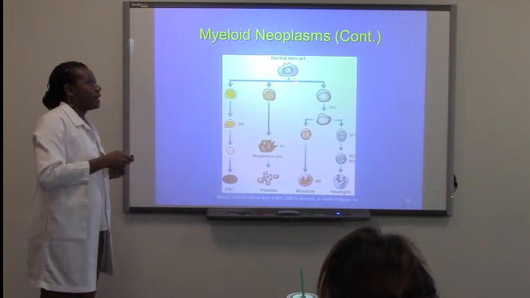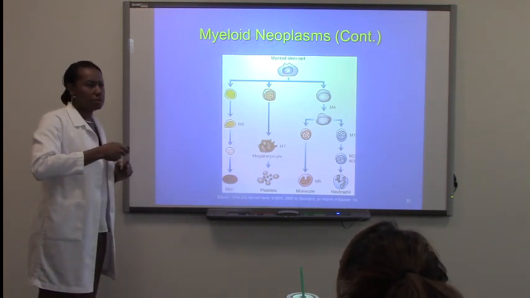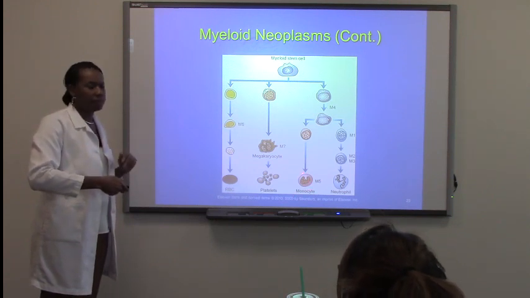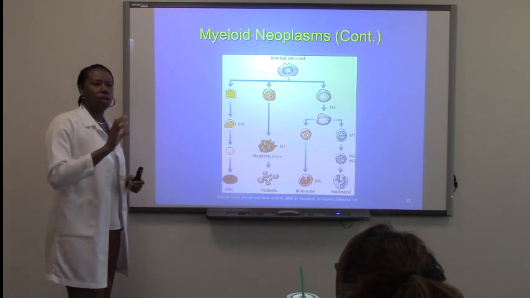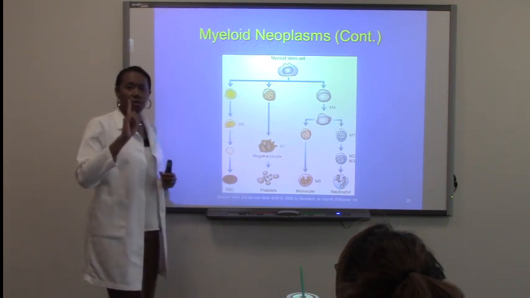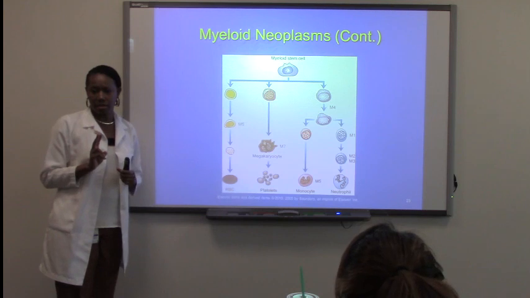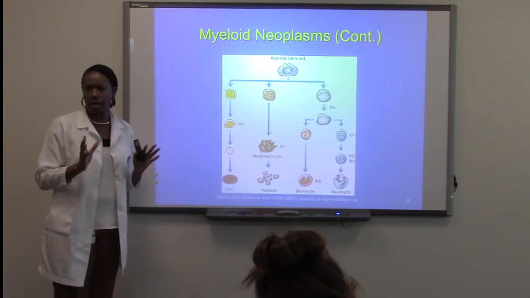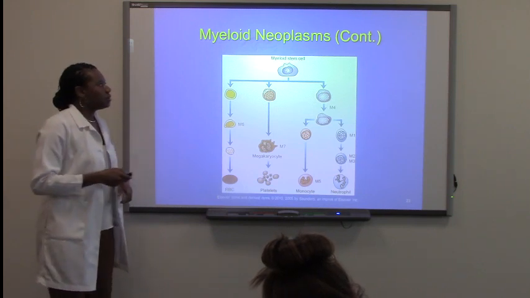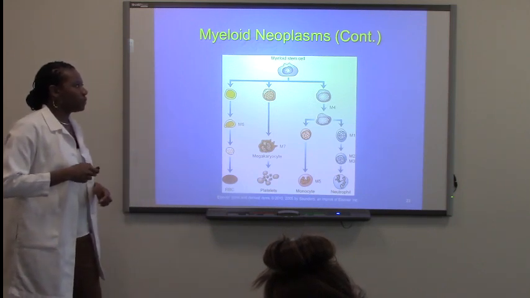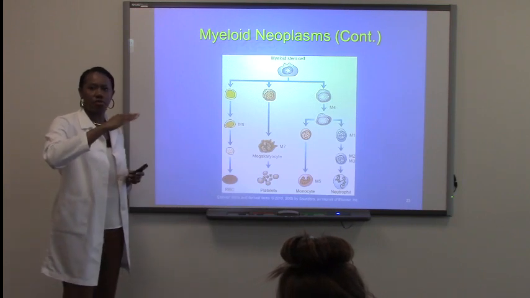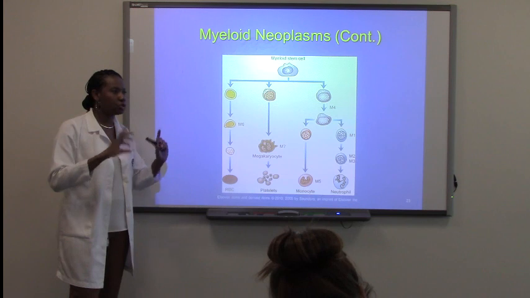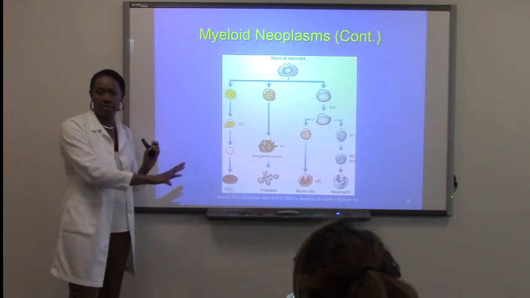Now, we know stem cells give rise to all different types of blood cells. What you should know is the difference between an acute leukemia and a chronic leukemia. Sometimes people wonder how a leukemia is acute or chronic. A stem cell goes through a maturation process in order to get to the mature red blood cell, the mature white blood cell, whatever it may be.